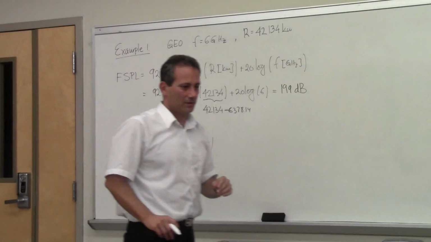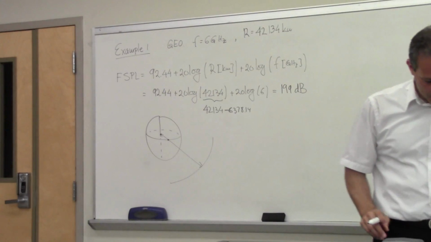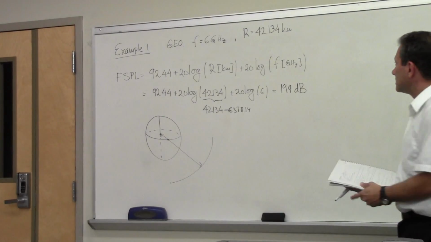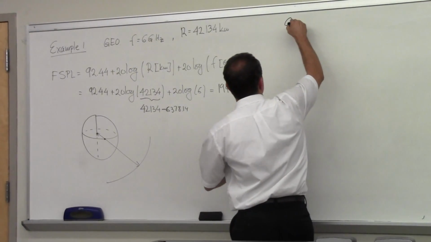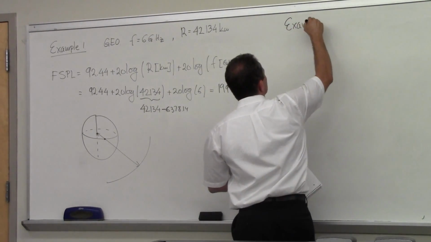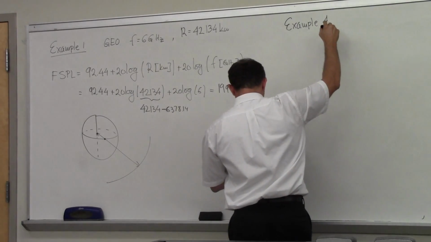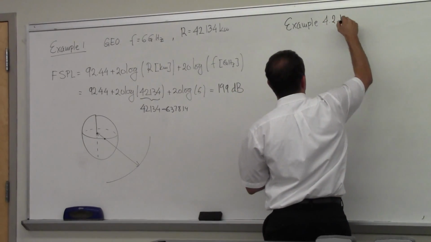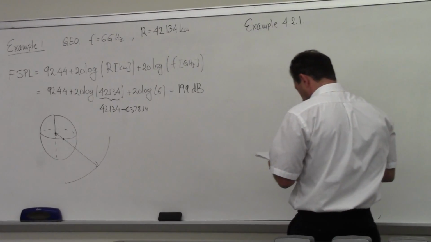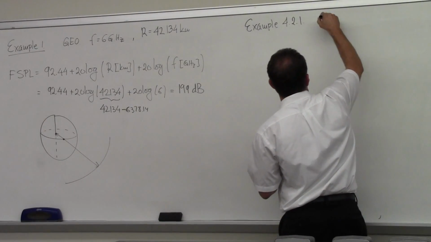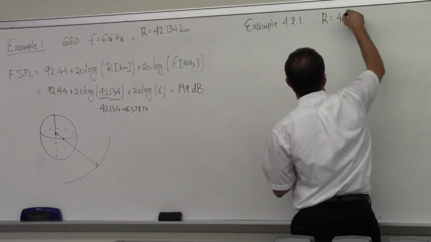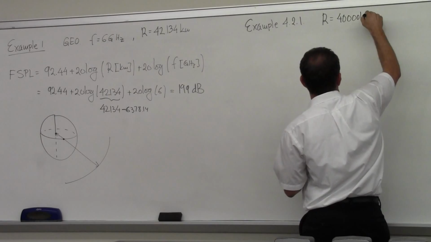All right, so that's the first example. Let me go through a couple more examples. This is the same as your example 4.2.1 in the book. It says you consider the satellite that's at a distance of 40,000 kilometers.